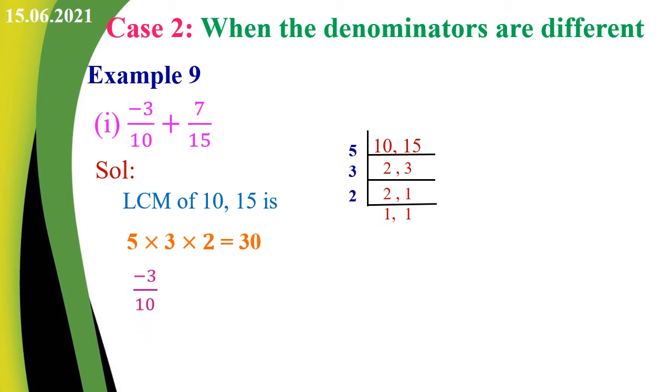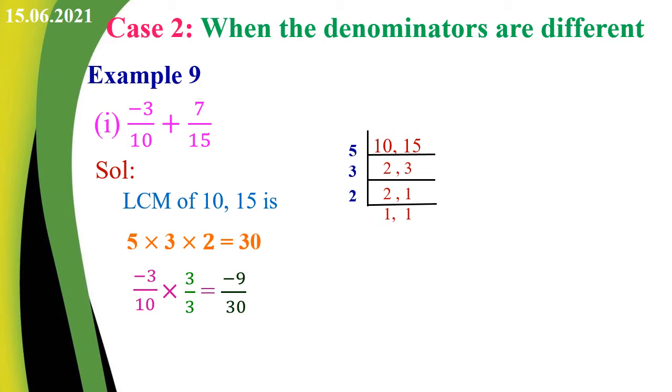The first rational number minus 3 by 10. Denominator multiply by 3 and keep the rational number equivalent. We also have to multiply the numerator by 3. On multiplying by 3, minus 3 into 3, we get minus 9. 10 3s are 30.